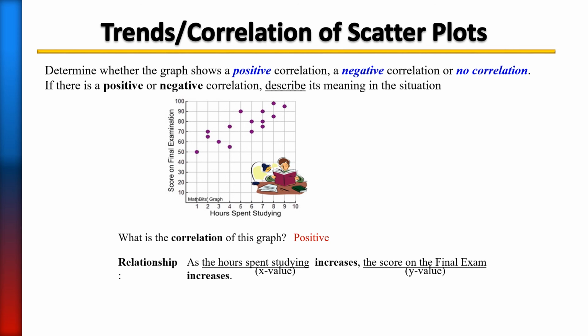So whenever you have a positive relationship, you're going to notice that both for the X and the Y value, there's going to be an increase over time. So the more you spend studying, the higher the score on the final exam tends to be in general based on this study.